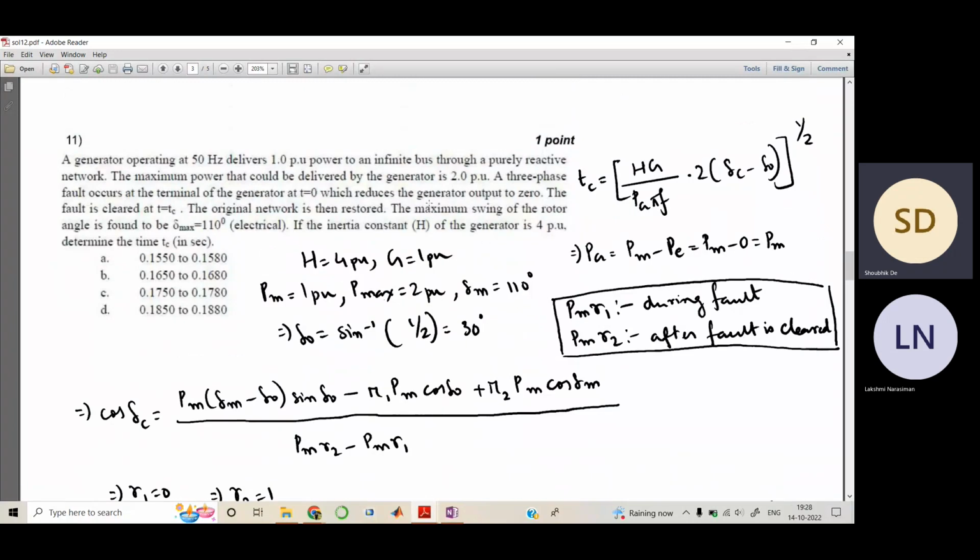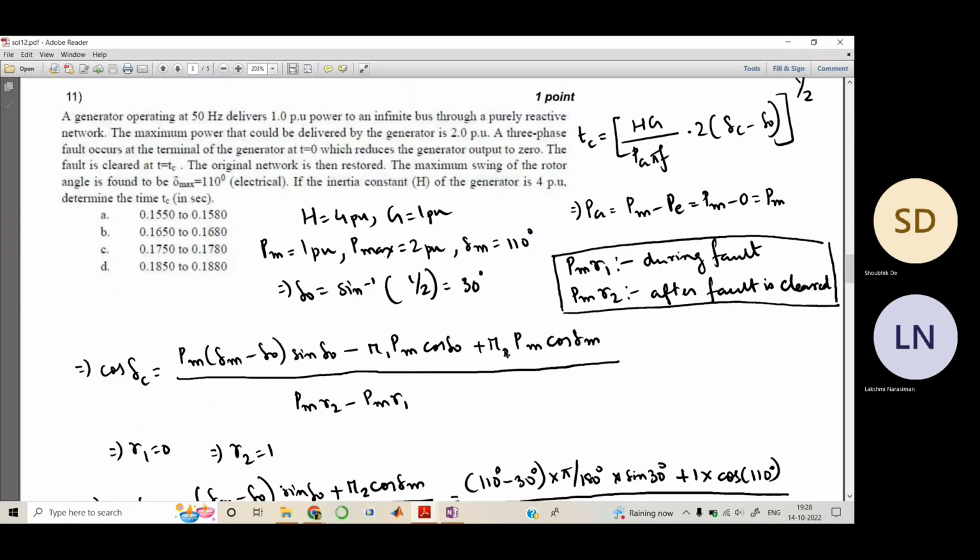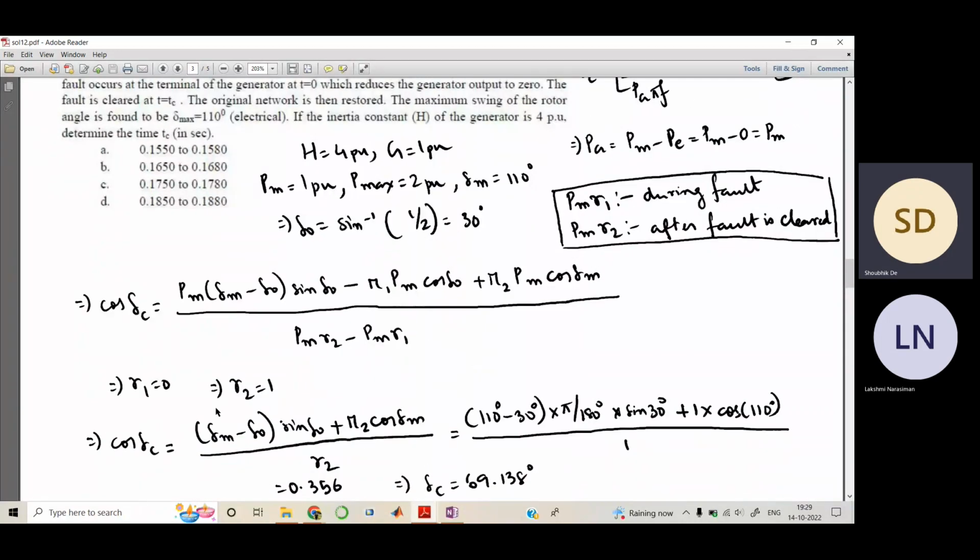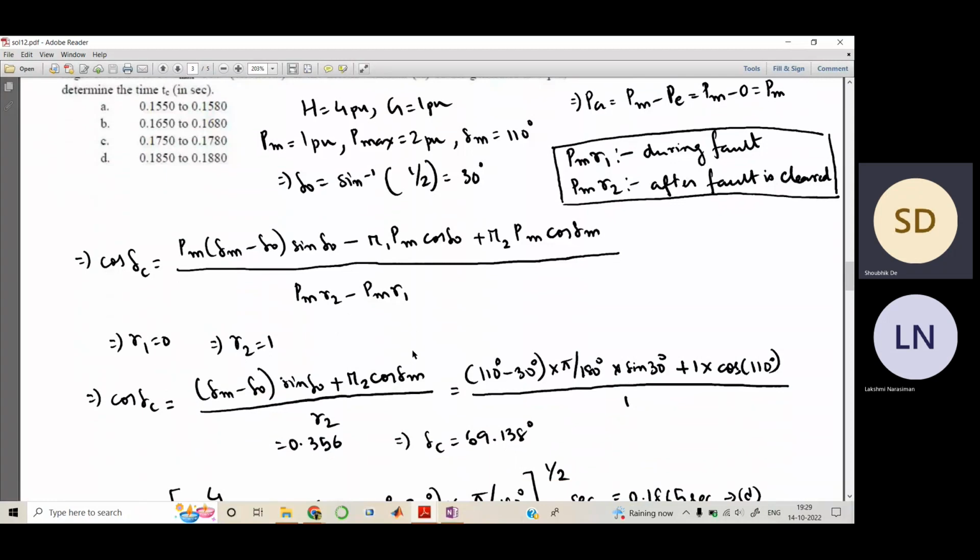Now, clearly they are telling us that the generated output during the fault is reduced to zero, so this whole thing will be equal to zero. Therefore your R1 is zero. As a result, in this formula this term will be zero and we are left with only this term, and from every term Pmax will get cancelled.